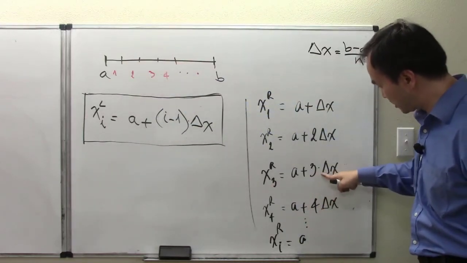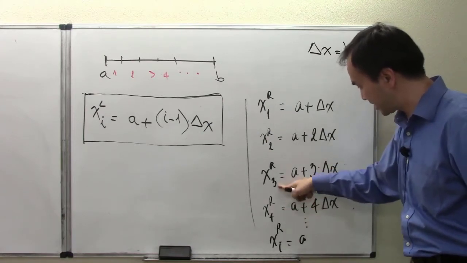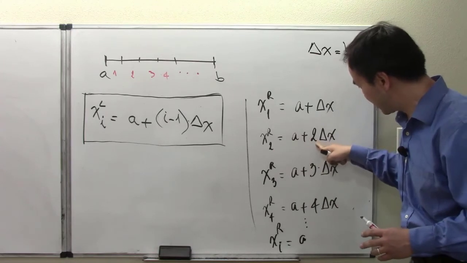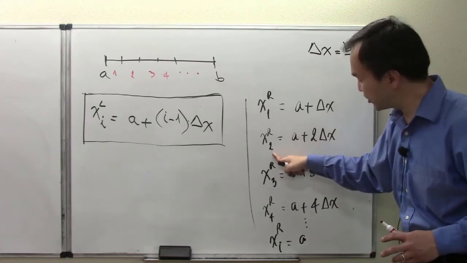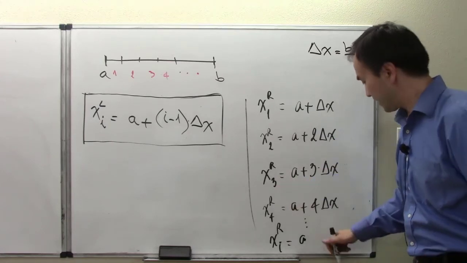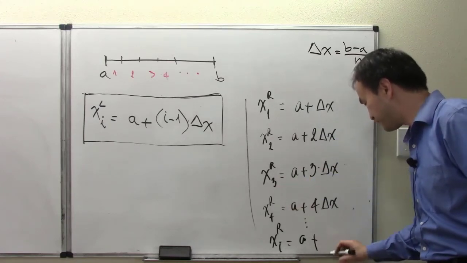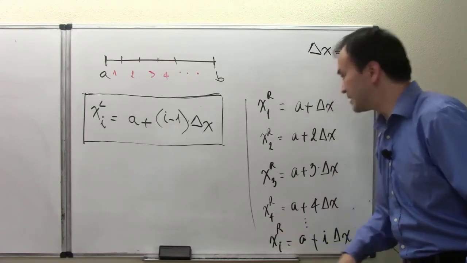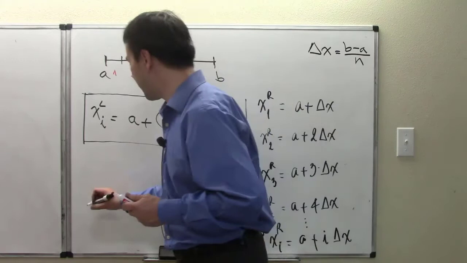You can see that the multiple of delta x is always consistent with the position of our current interval. 2 delta x is the number 2 interval, 3 delta x is the third interval. So now it's a plus i times the delta x. All right, so now I can write down that generality right here.